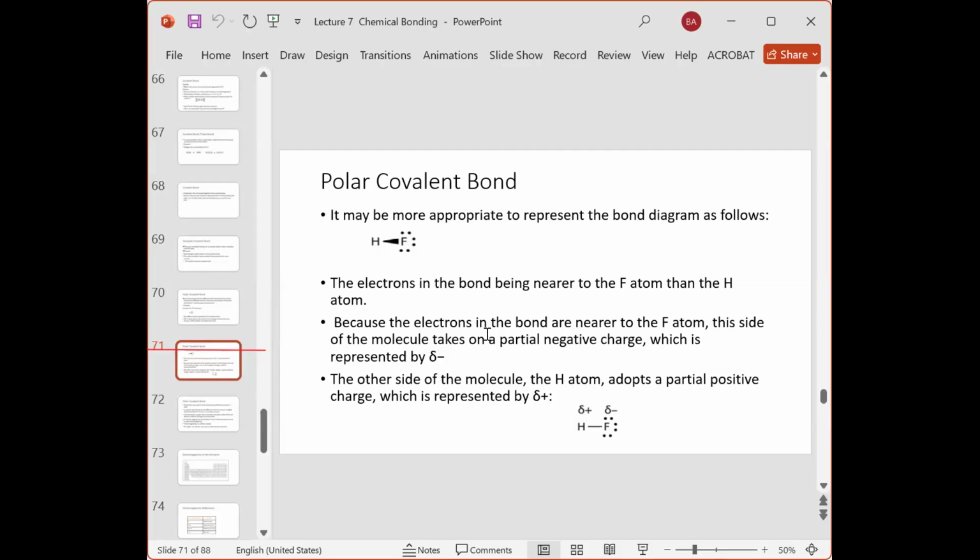Because the electrons in the bond are nearer to the fluorine atom, this side of the molecule takes on a partial negative charge, which is represented by the delta and the minus sign. The other side of the molecule, the hydrogen atom, adopts a partial positive charge. This is represented by delta plus. So this is delta plus and delta minus. Or you can write it this way.